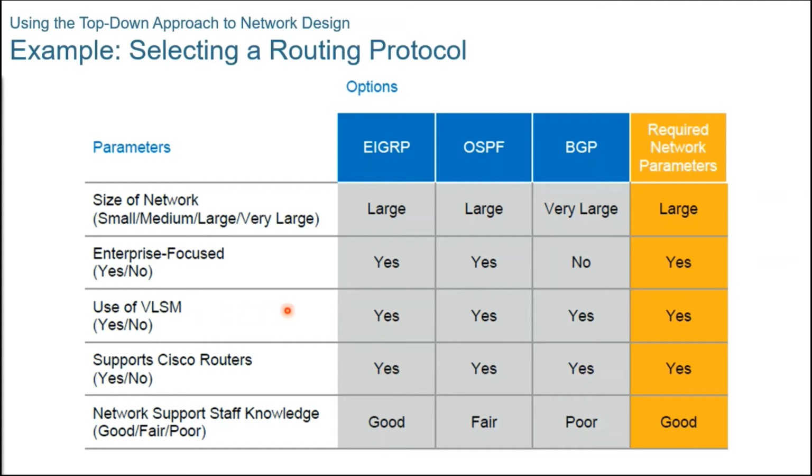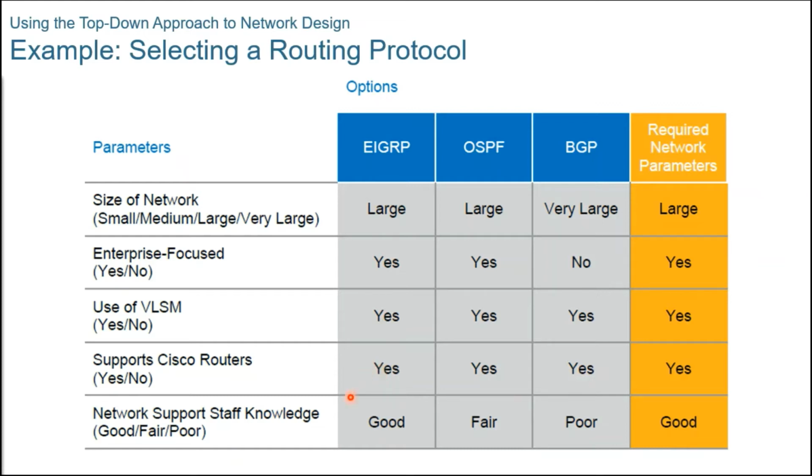So all the protocols being considered support VLSM. Next, it must be supported on Cisco routers, which is the case for all the protocols being considered. So basically all of these work with Cisco routers. It's just that EIGRP is customized for Cisco devices, because EIGRP is a proprietary protocol for Cisco.